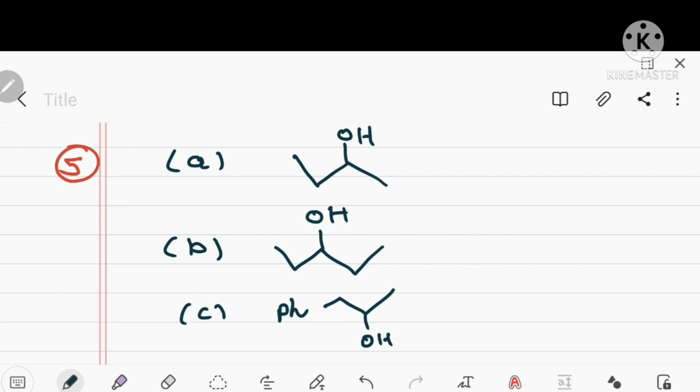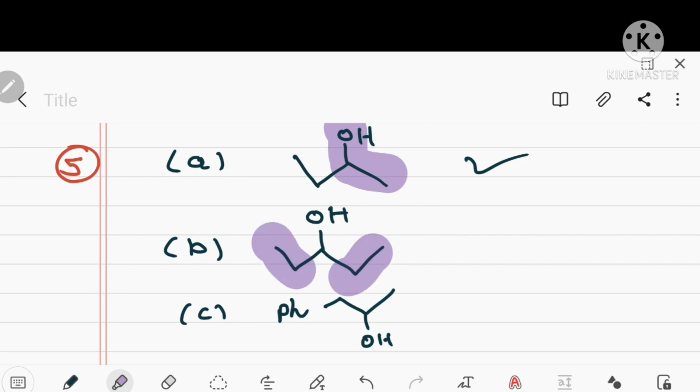Okay friends, I think all of you can solve this question. You have given this kind of secondary alcohol. Secondary alcohol we can convert or oxidize into methyl keto. So this group is converting into methyl keto, right? And that methyl keto can give the iodoform test or haloform test. So this can give, right? Whereas this one is converting into a ketone, but it is not methyl keto, because look at here, this one and this one is ethyl.